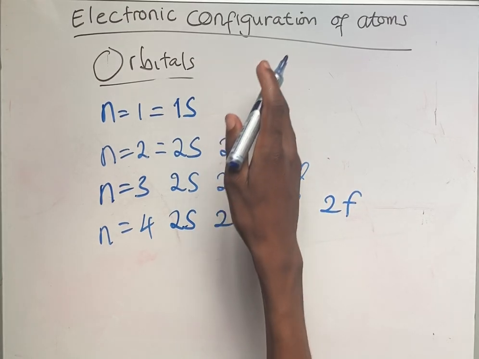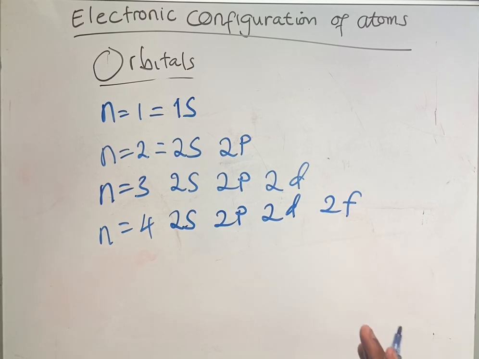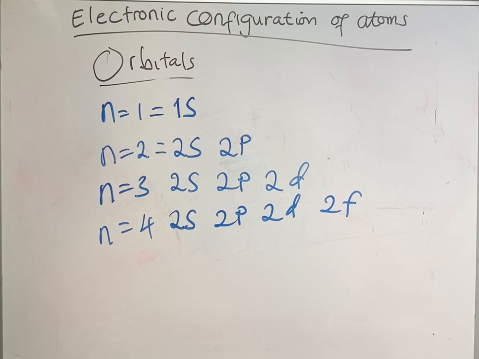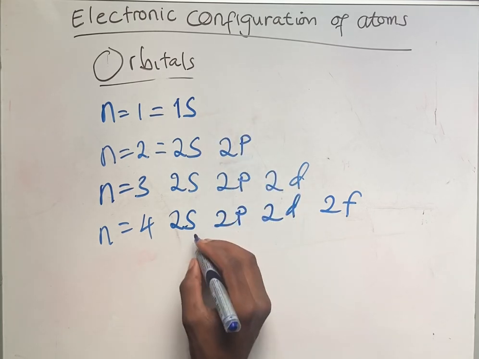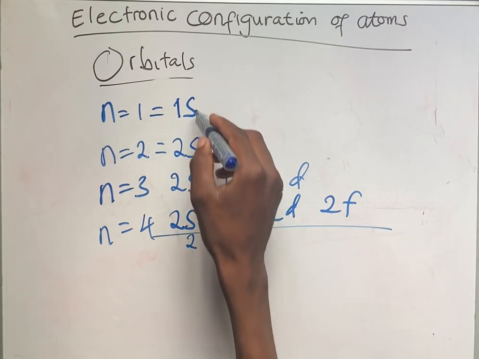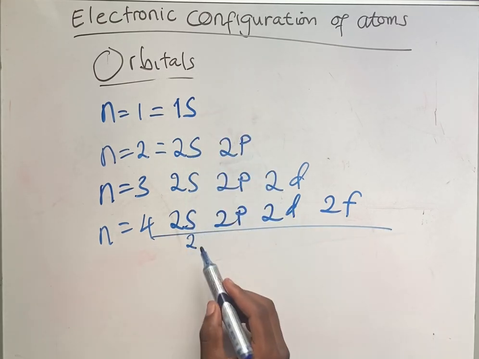These are trends which you have to know. This is the procedure which you have to know to be able to arrange the subshells or the orbitals in order. The s orbital can accommodate 2 electrons. All these s orbitals can have 2 electrons.